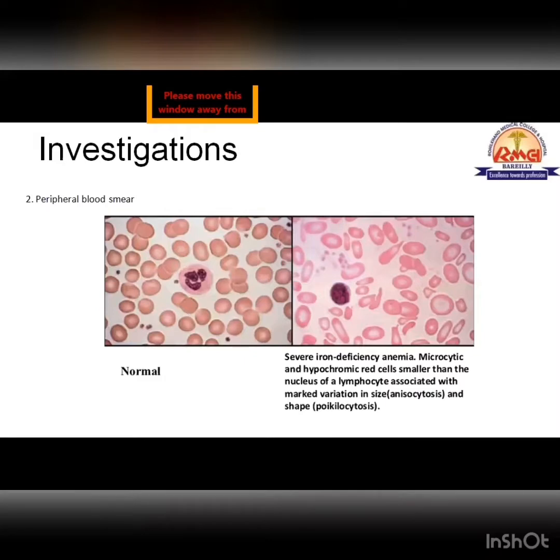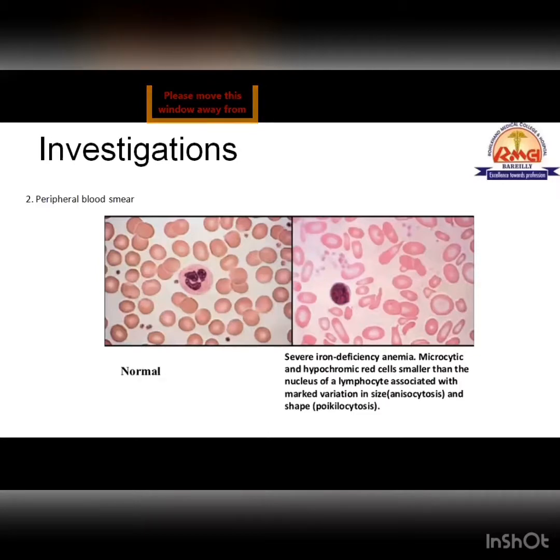If the central pallor is more than one third of the RBC, then it is called hypochromia. Normally the central pallor comprises one third of the red blood cell, but if it goes beyond one third, it is called hypochromia. Microcytosis means smaller cells, and we know it because they are smaller than a small lymphocyte, but hypochromia is pallor more than one third.